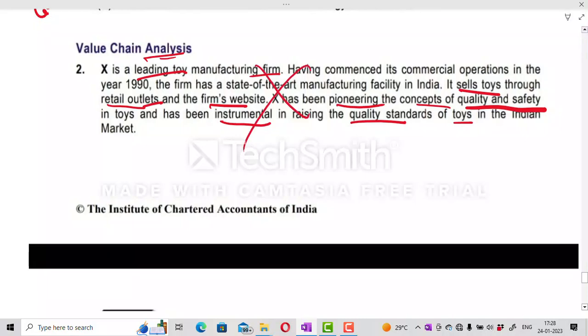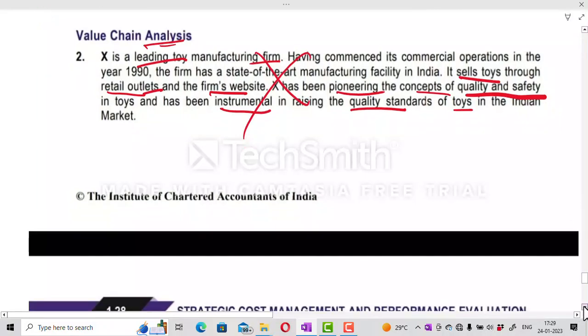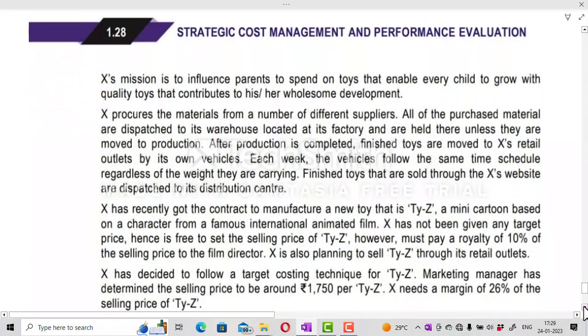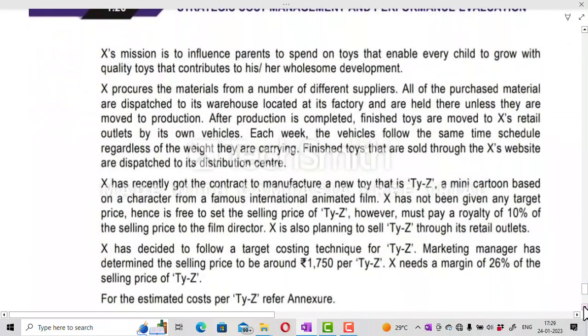Actually, this is a very irrelevant topic for us. Next, X's mission is to influence the parents to spend on quality toys that enable every child to grow, toys that contribute to his or her wholesome development.